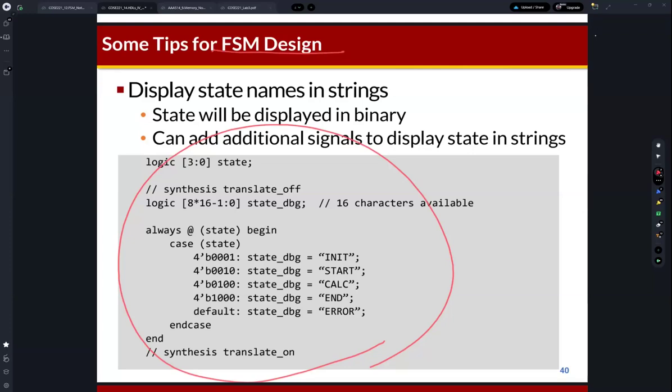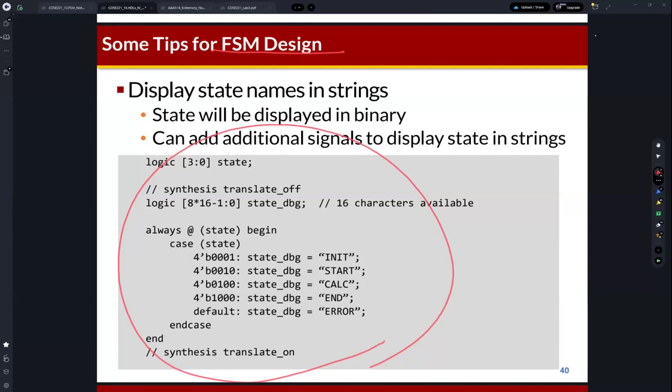The waveform cannot represent the characters. It is because SystemVerilog just handles bit data. Only bit data can be displayed on the waveforms. But for the FSM design, it's not convenient.